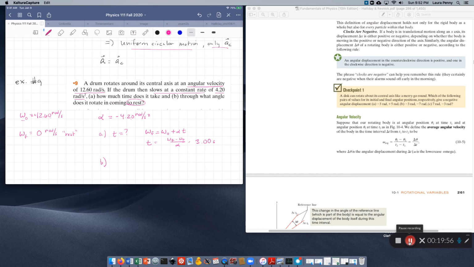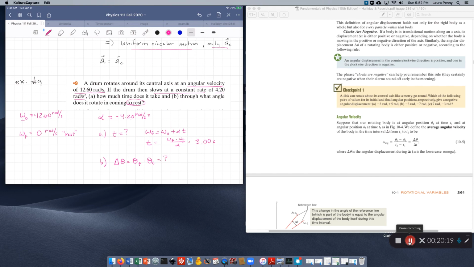Part B, through what angle does it rotate to do this? So that is basically saying, what's the displacement? How far does it go? What angle does it rotate? So it wants to know delta theta, or theta final minus theta initial.